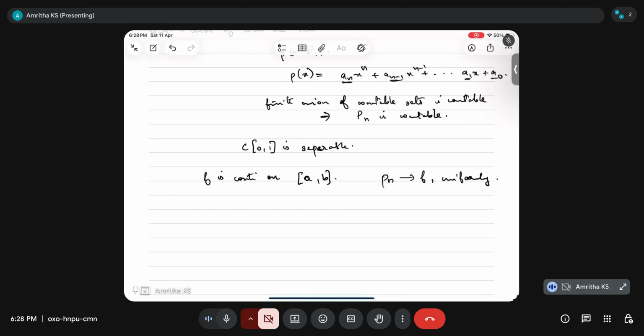So what is the importance of this closed and bounded set here? Like, can one drop maybe the closedness or the boundedness and still get the same results? But that is not possible. One can get counterexamples.